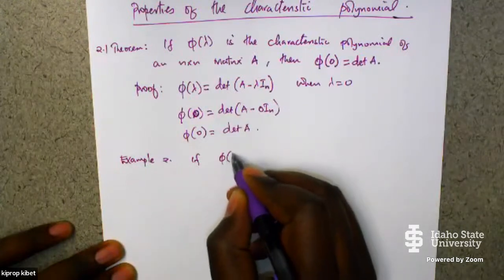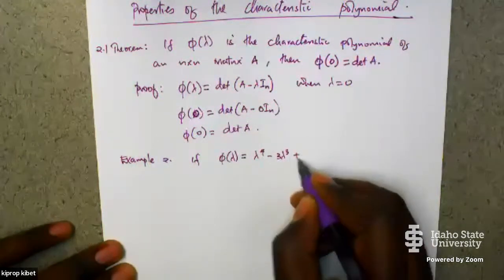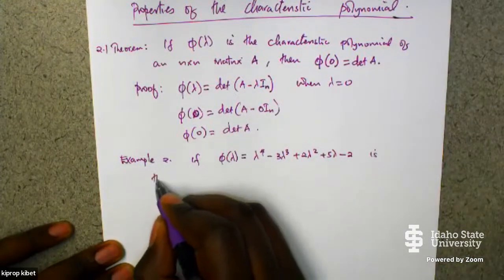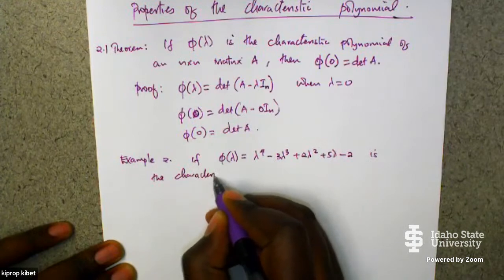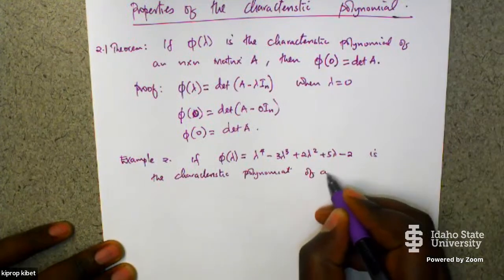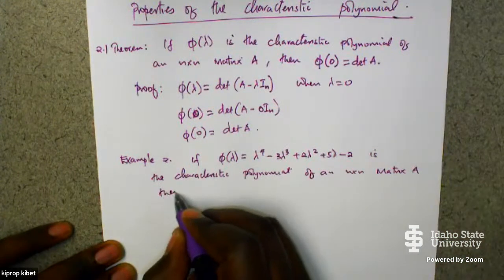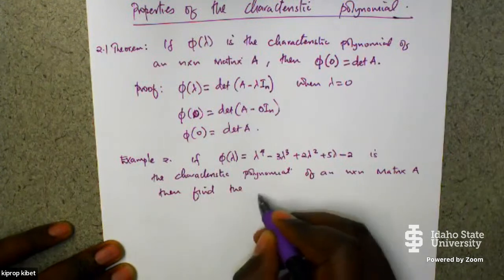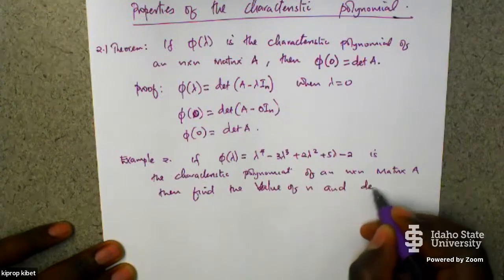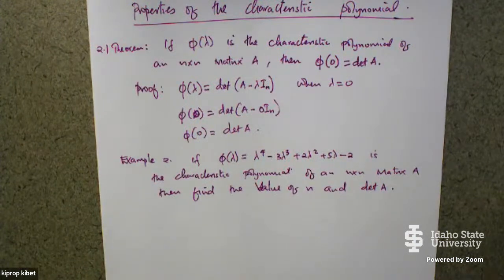If phi of lambda equals lambda raised to 4 minus 3 lambda cubed plus 2 lambda squared plus 5 lambda minus 2 is the characteristic polynomial of an n by n matrix A, then find the value of n and the determinant of A.